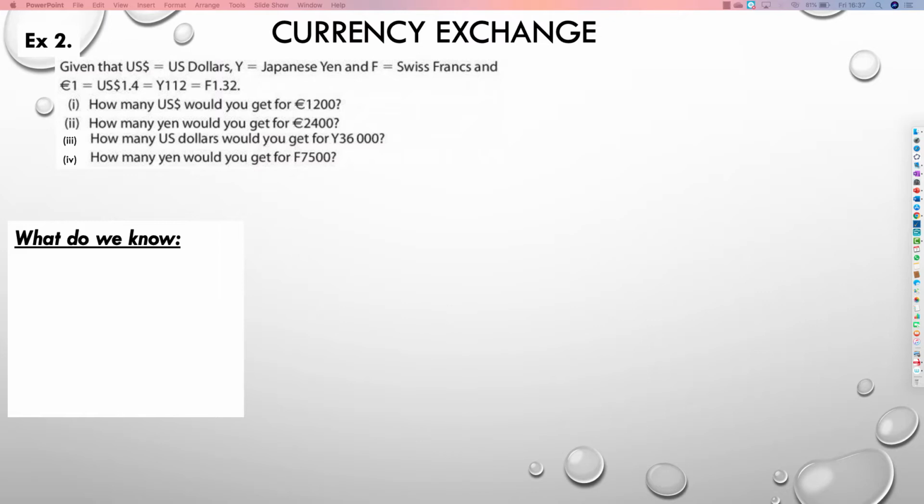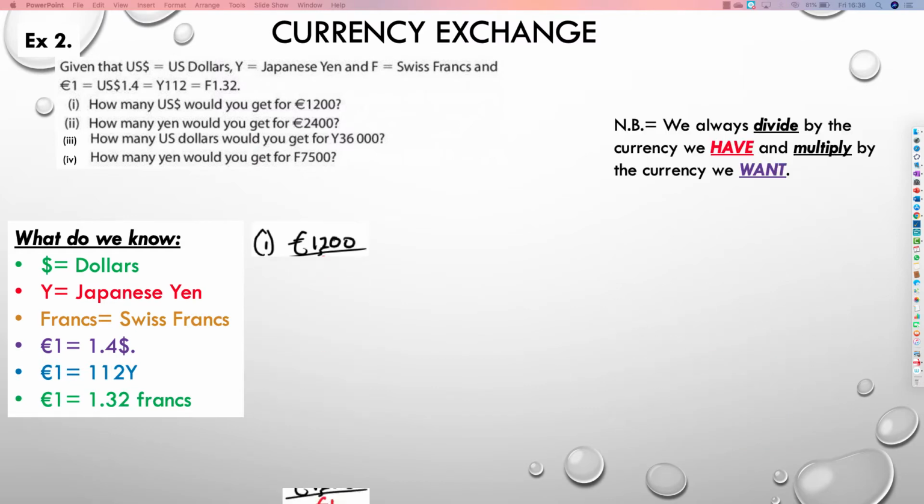Off you go and get the answer. 1,680, let's look at it. So it's 1,200 divided by €1, multiplied by $1.4 is 1,680.